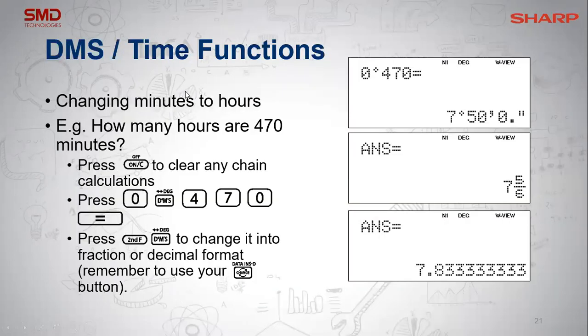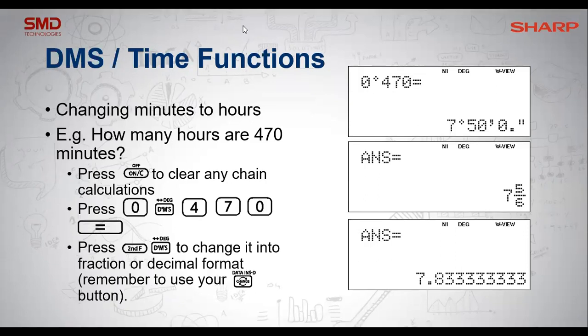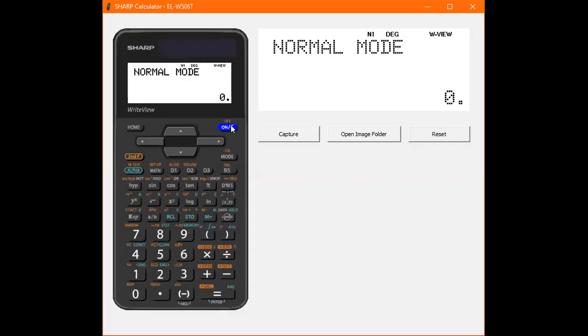Now, following on from this, there are several awesome things you can do with your DMS function on your calculator. I'll go through those with you. The first one is simply converting minutes into hours. Say, for example, we have 582 minutes, and we want to know how many hours that is.